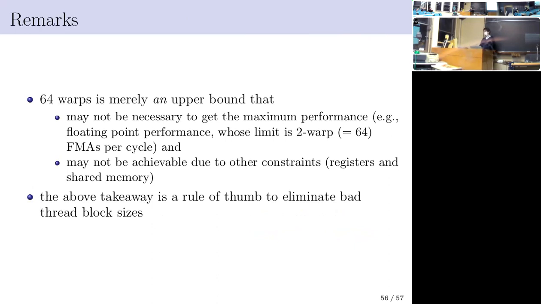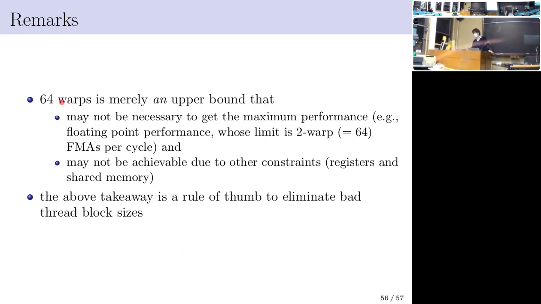But there are some remarks. In the previous discussion, I was only concerned about how many warps you want to run, and if possible, you want to run 64 warps simultaneously, because a single streaming multiprocessor can never go beyond 64 warps, right?